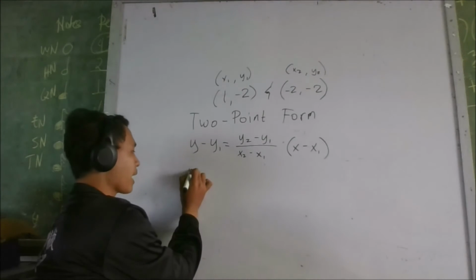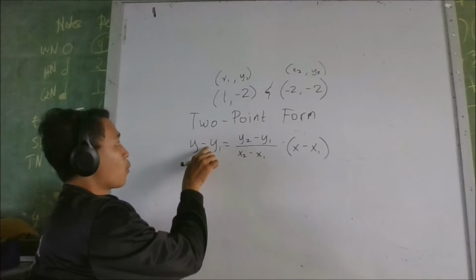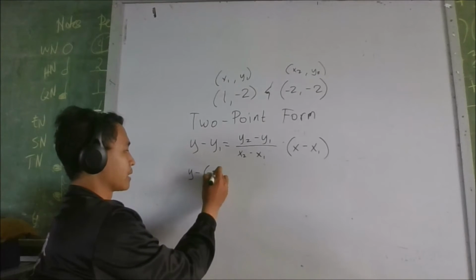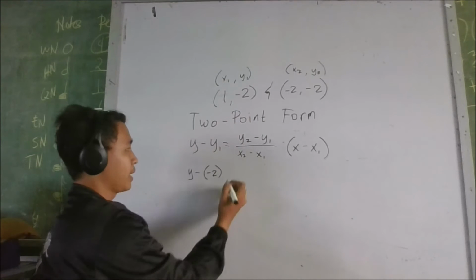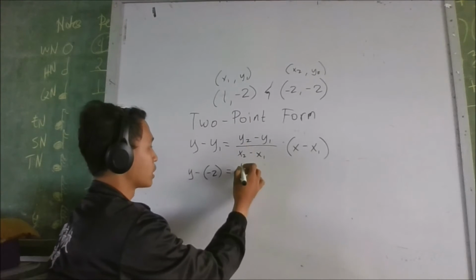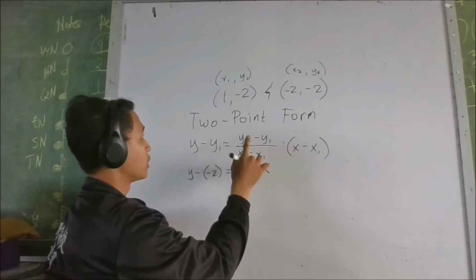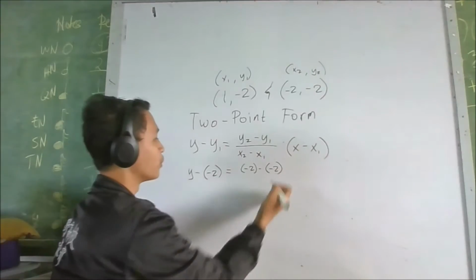So that would be y minus y sub 1, which is negative 2. So that would be negative 2. Okay? That is equal to y sub 2, which is negative 2, minus y sub 1, which is negative 2. Right?